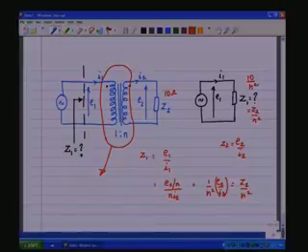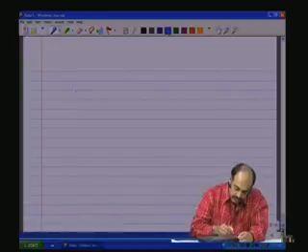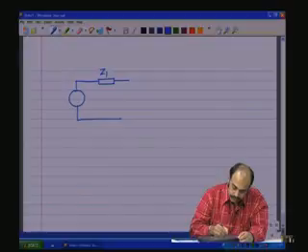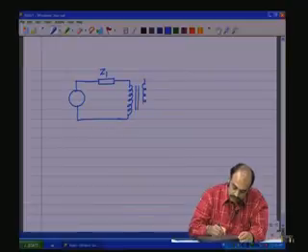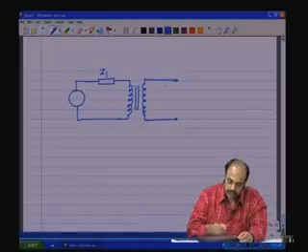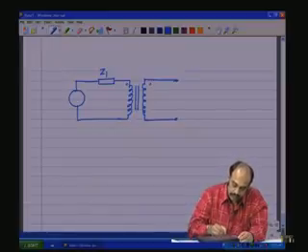Likewise, any impedance on the primary side can be reflected on the secondary side; it is the dual. So, if I have an impedance on the primary side, let us say I have Z1, a dot polarity. Okay.